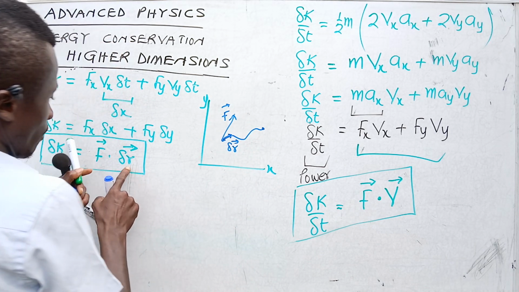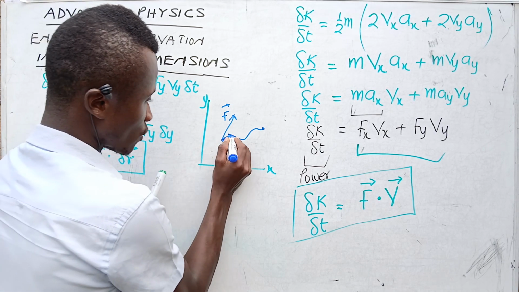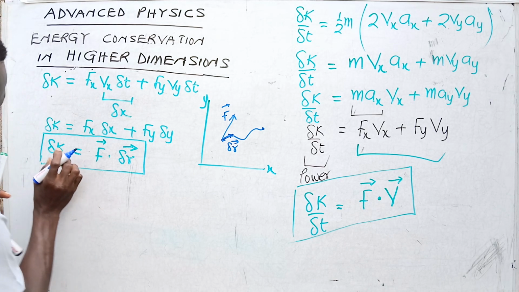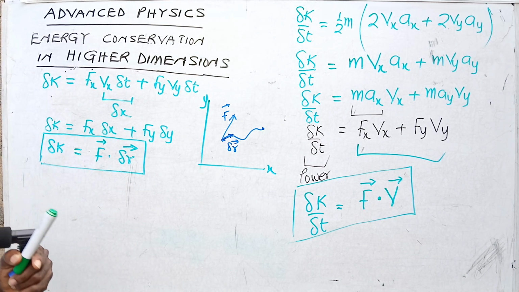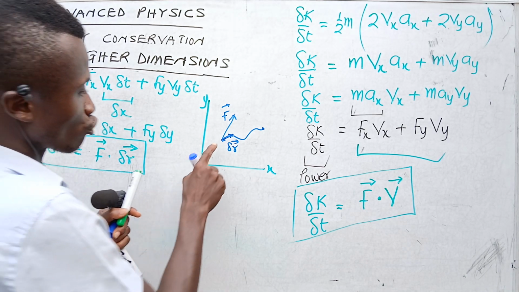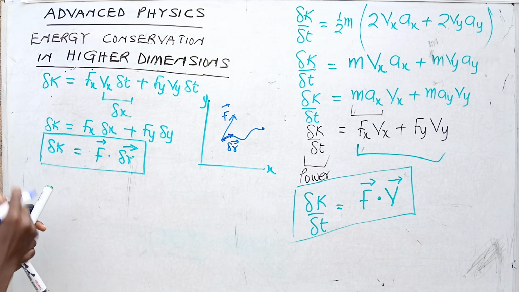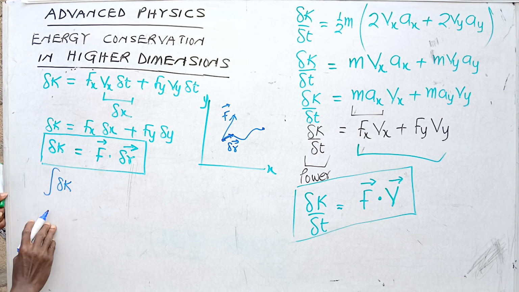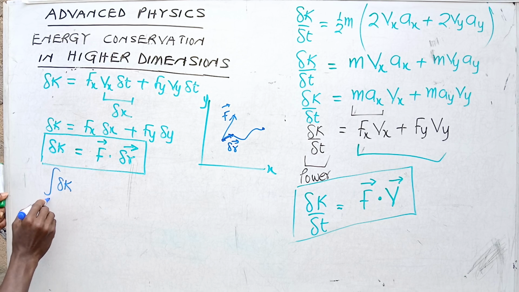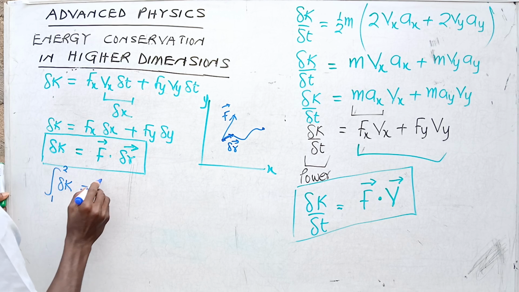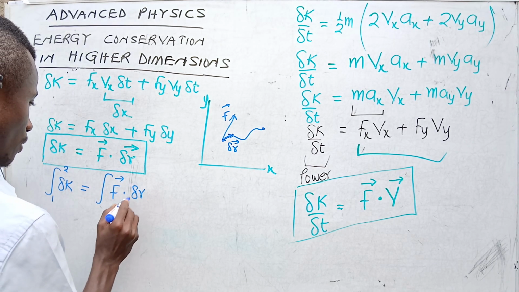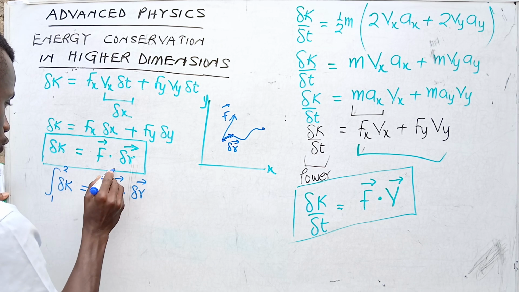So F dot dr from this point to this point, which is an infinitesimal displacement, is what gives you this infinitesimal change in kinetic energy. So if you make a long trip from this point to this point, then you integrate dK from point 1, which I will call 1, to 2, is equal to the integral of that force dotted with dr from point 1 to 2.